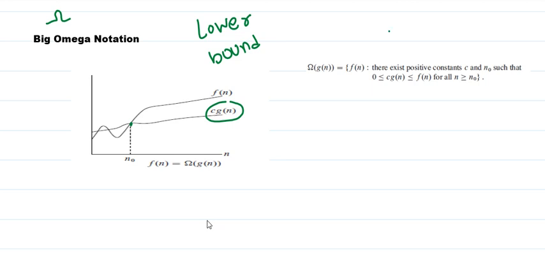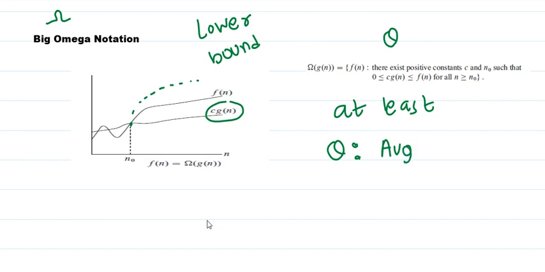Again, if you compare this with our previous notation theta, then you can see that this particular line is missing. In other words, we are saying that the value of function f will be at least this much, right? So if you try to summarize this in notation, the very first notation, theta, is generally used for average runtime analysis of algorithms.